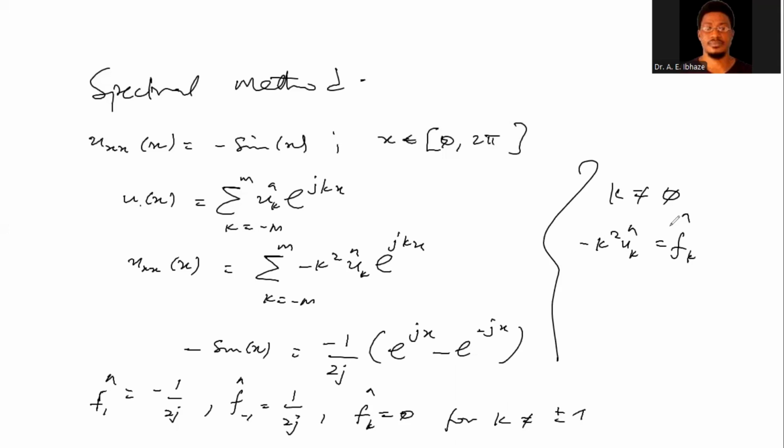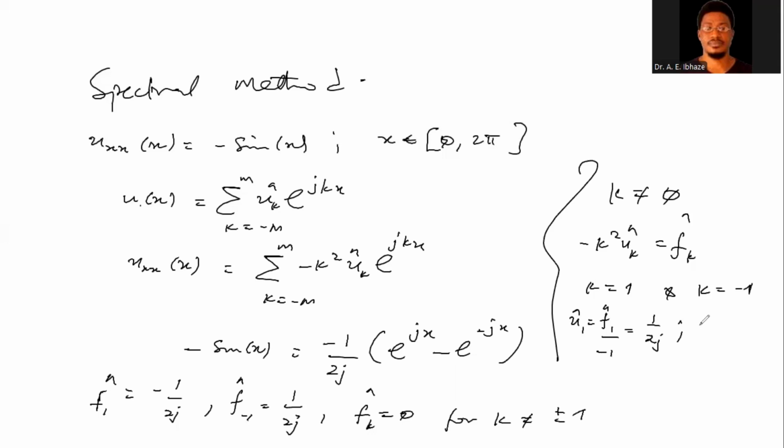So for k equal to 1, and also for k equal to -1, we have u hat sub 1 being the same as f hat sub 1 over -1, which will be the same as 1 over 2j.